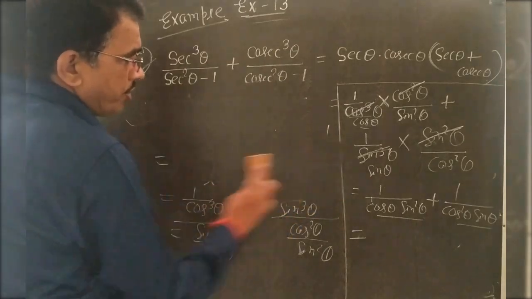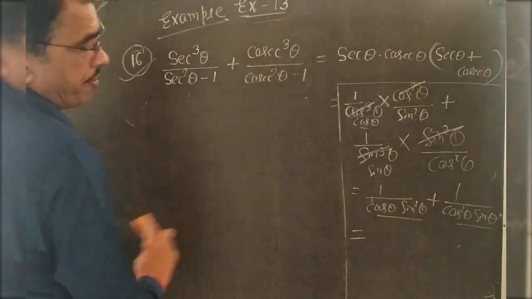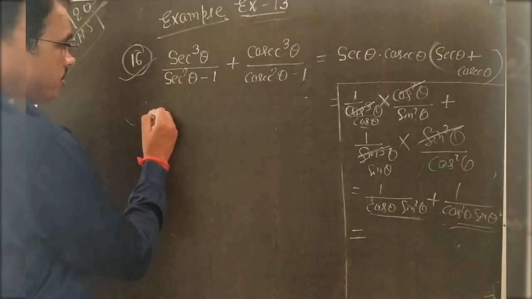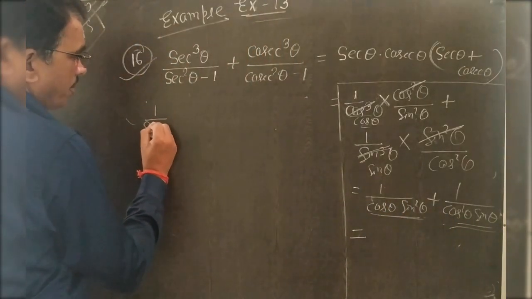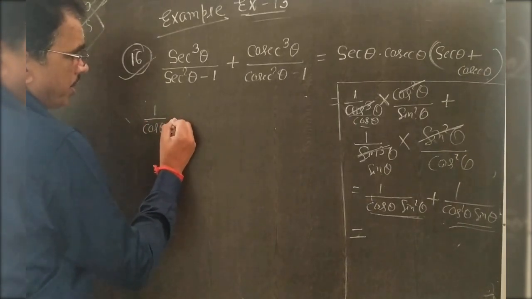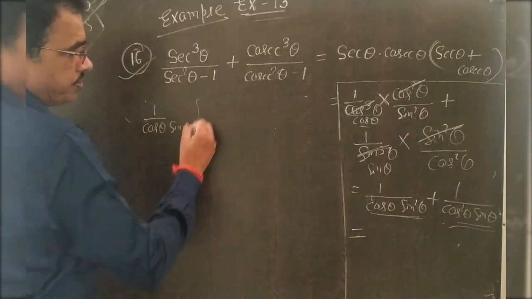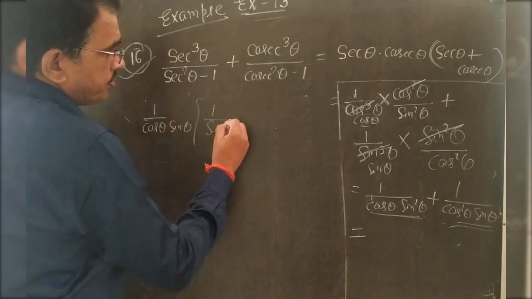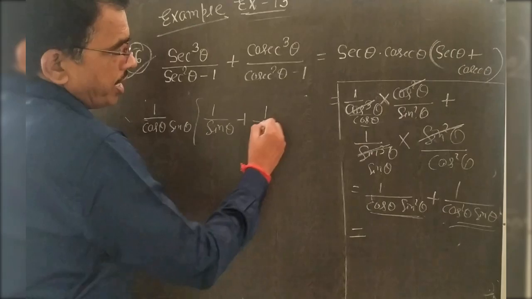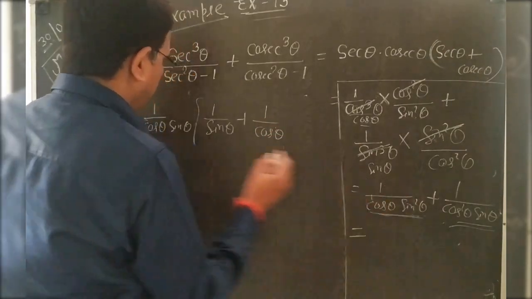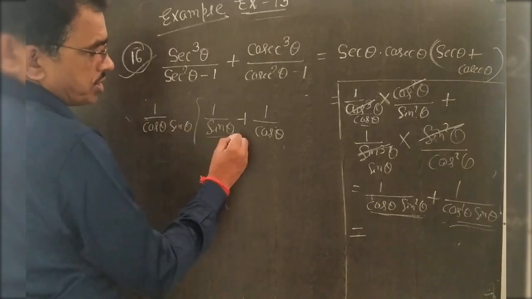Now you take the LCM between them. The LCM is 1 by cos theta into sin theta. Then here is 1 by sin theta plus here is 1 by cos theta. Because in cos and sin square, only sin is common, so sin remains here.